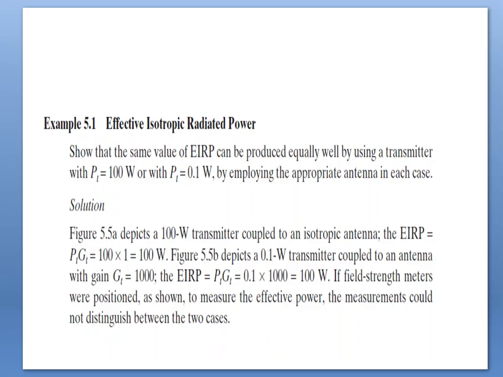And 0.1 watts transmitting power coupled to an antenna with gain GT equal to 1000 gives EIRP approximately equal to 0.1 multiplied by 1000, which is 100 watts.